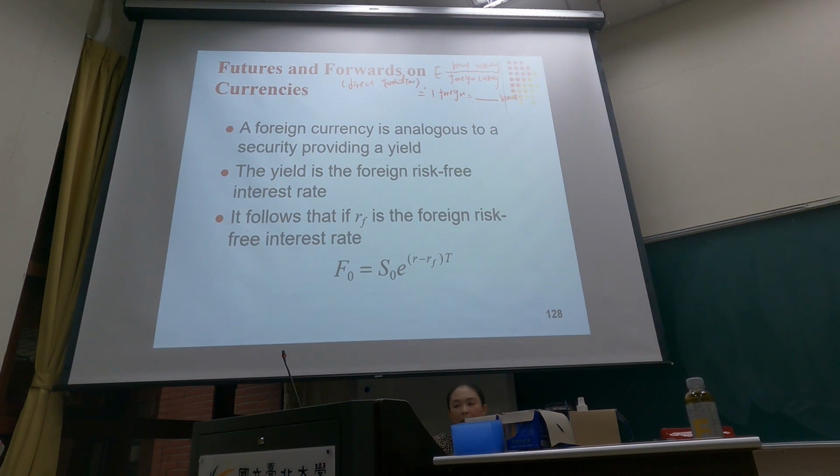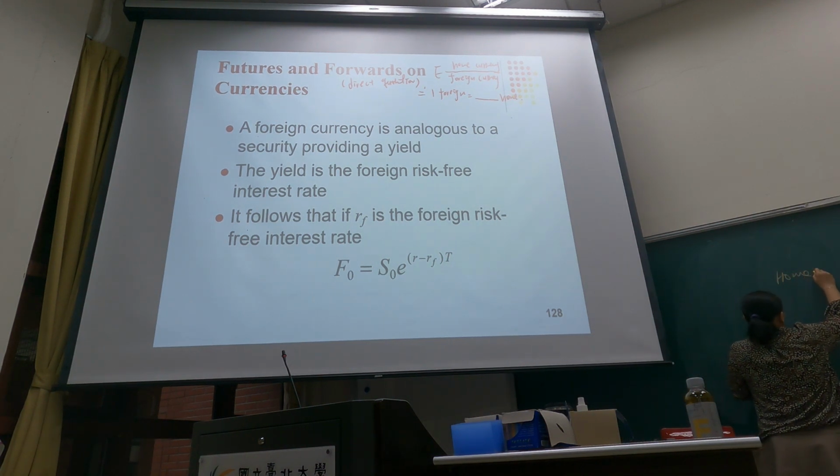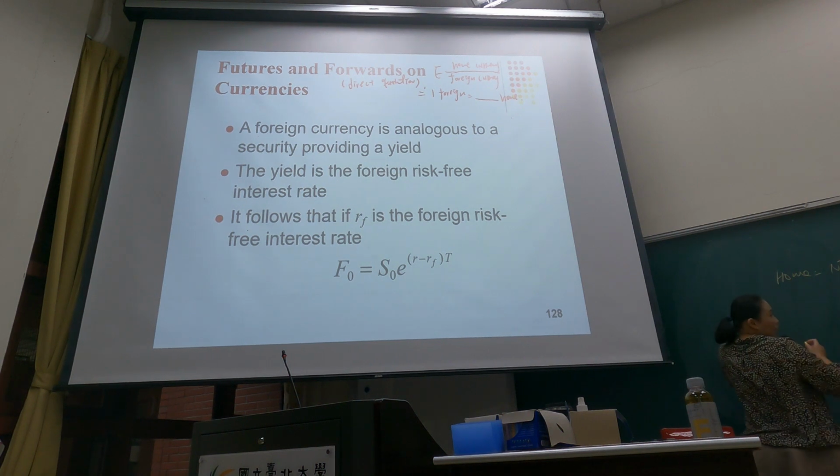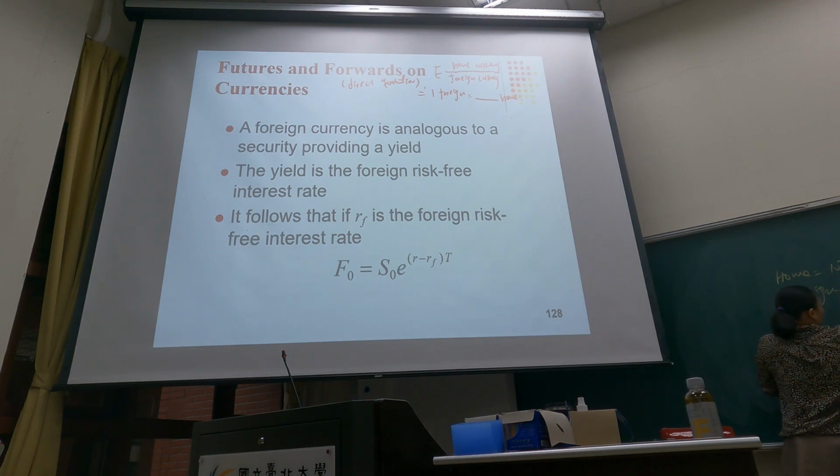Okay, so in the pricing model of the currency forward and futures, we are assuming that the exchange rate is following the direct quotation. So we start with 1,000 units of foreign currency instead of home currency. Are we okay? Like for instance, 1,000 US dollars, and our home currency is NTD, and our foreign currency is USD, right?